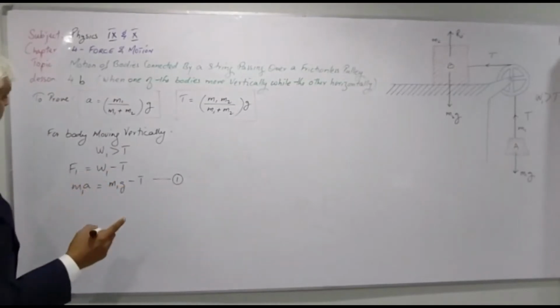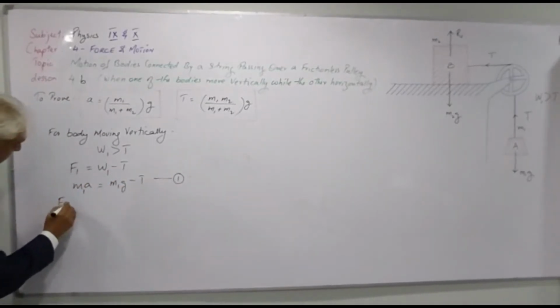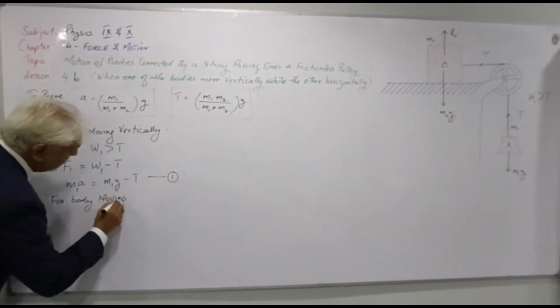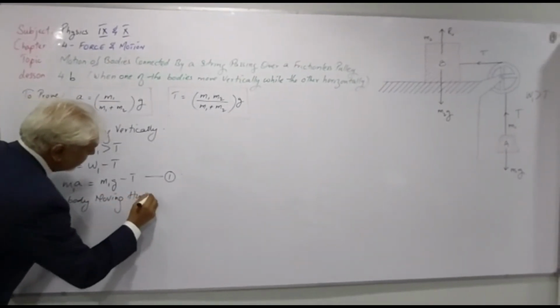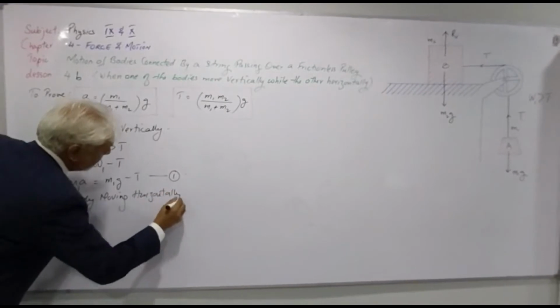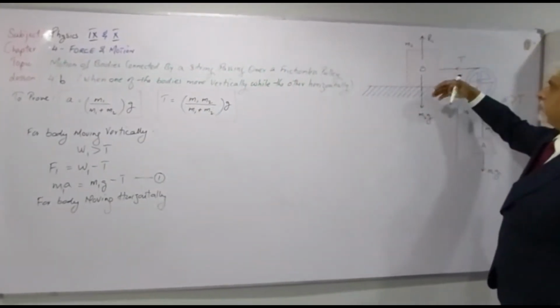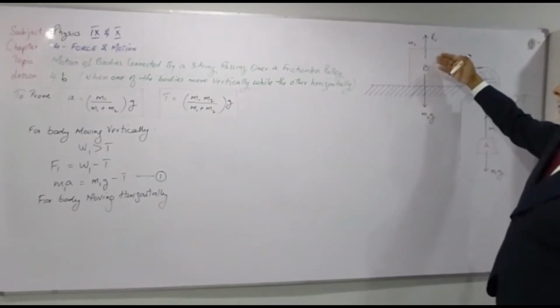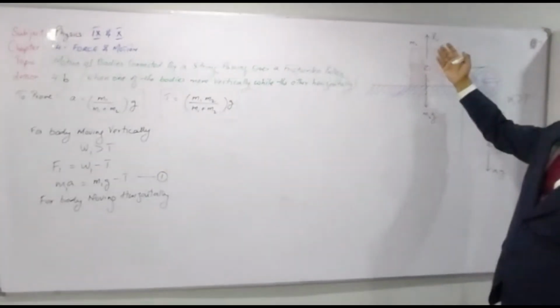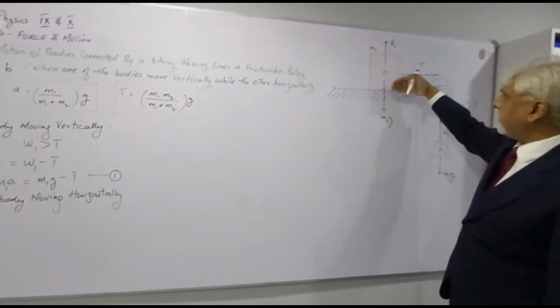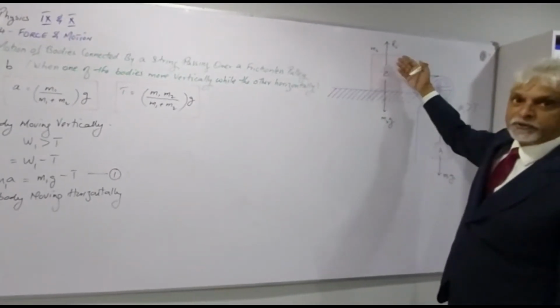Now for the body moving horizontally, there are forces acting on it. According to Newton's third law of motion, the action and reaction are always equal but opposite. If it's at a stationary position, then W equals the reacting force.